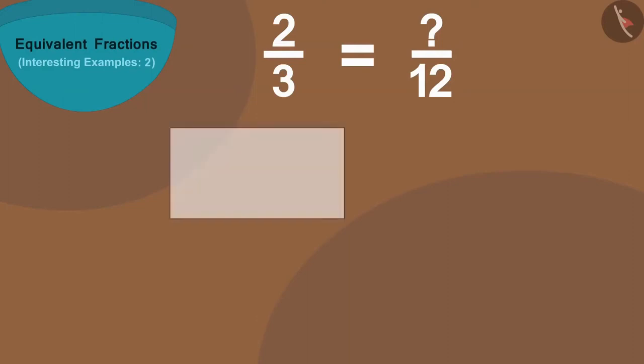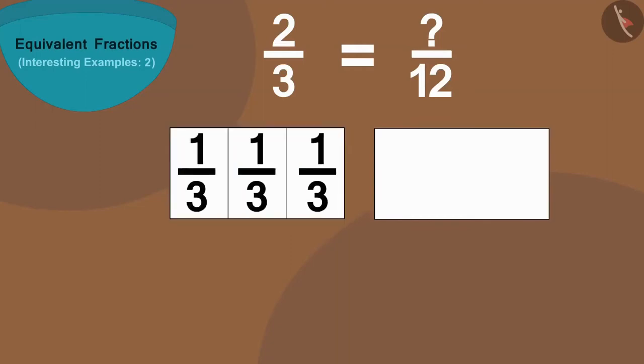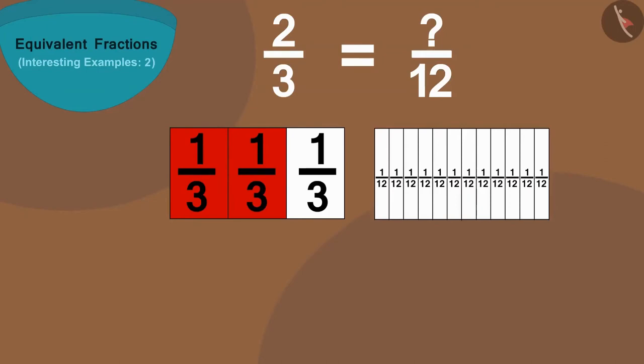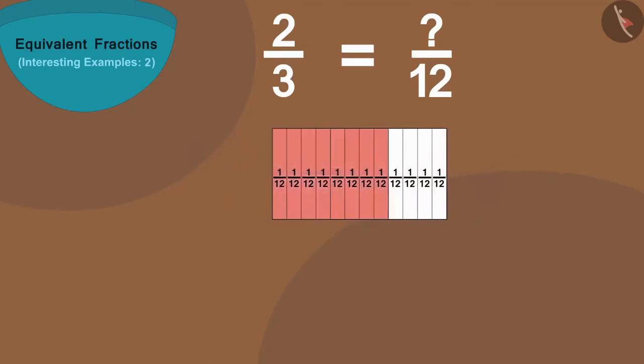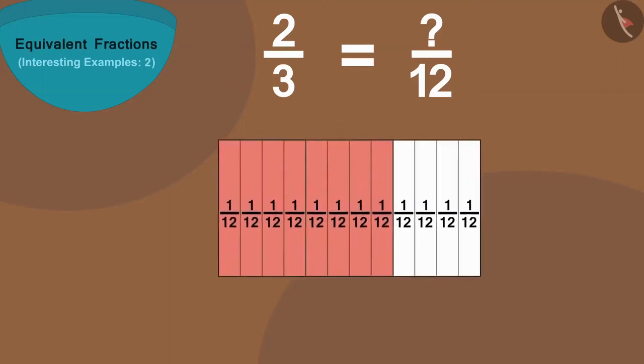If we take 2 equal length strips and divide one of them into 3 equal parts and the other into 12 equal parts, and then put the second strip on top of the first strip, we will find that 3 parts of the first strip are equal to 12 parts of the second strip.